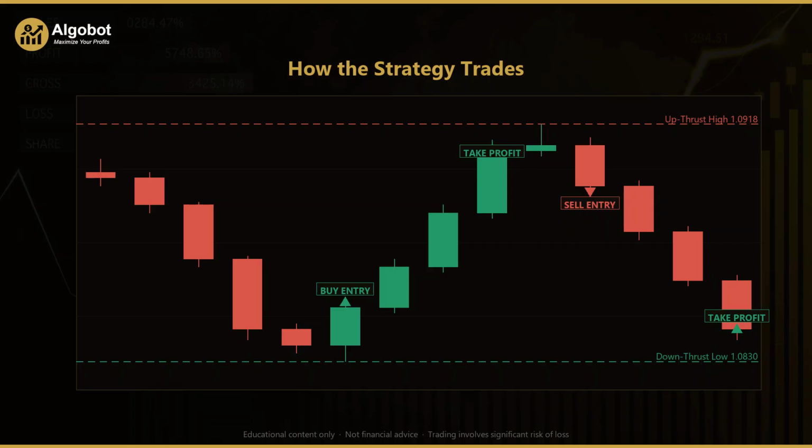The stop always sits beyond the structural extreme, and the target is a fixed multiple of that risk. That's the whole strategy, candle by candle, pure price action, no indicators, just the rhythm of expanding and contracting ranges. Of course, not every setup behaves this cleanly in live markets, and losses do occur.